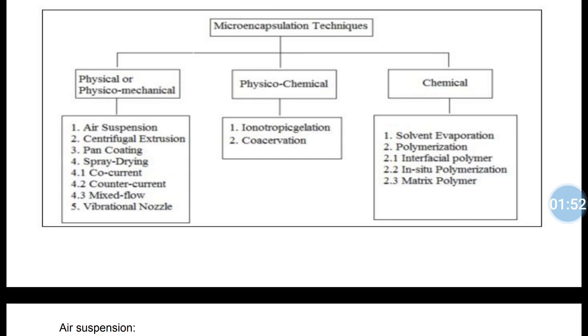The microencapsulation techniques are classified into three types: physical or physico-mechanical techniques, physico-chemical techniques and chemical techniques. Examples of physico-mechanical techniques are air suspension, centrifugal extrusion, pan coating, spray drying and spray congealing, and vibrational nozzle.